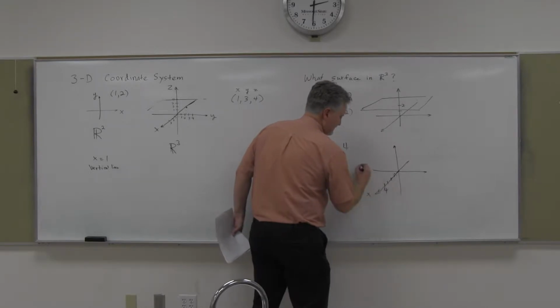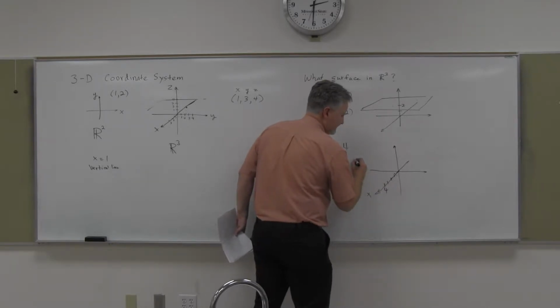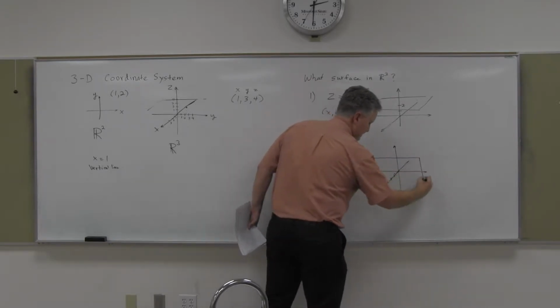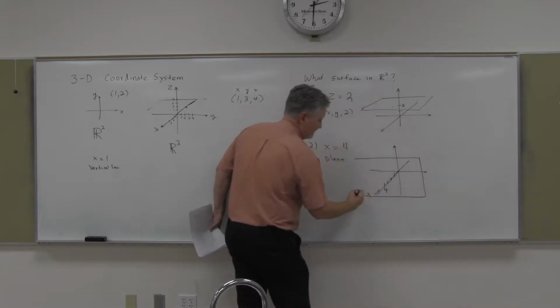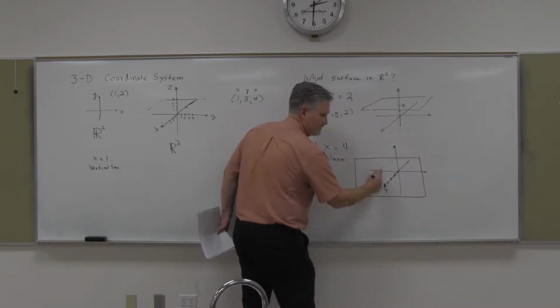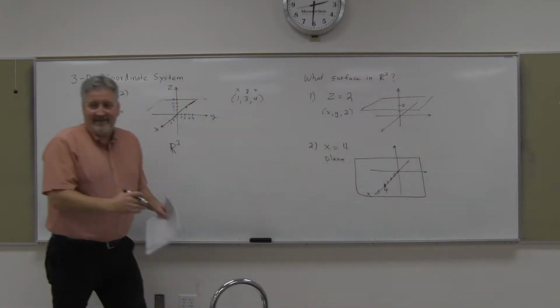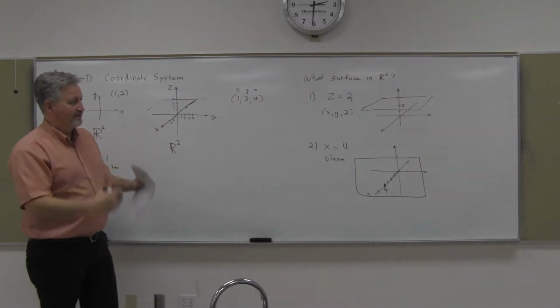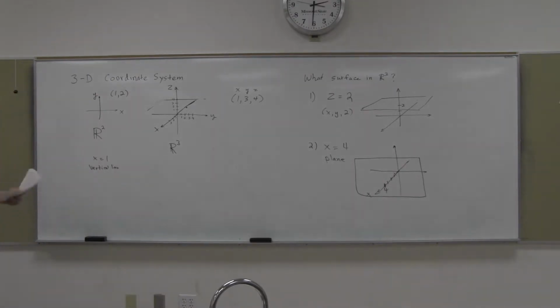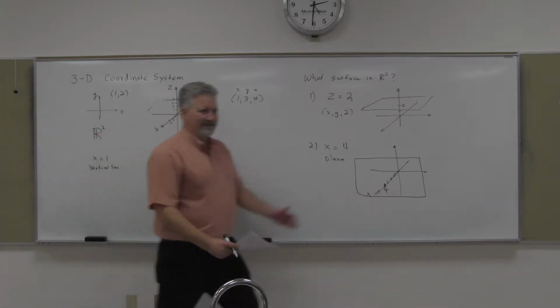So here it comes. It's just kind of that flat plane that goes through. Again, it's just hard to represent that without more art skills, but you know what we're saying there.